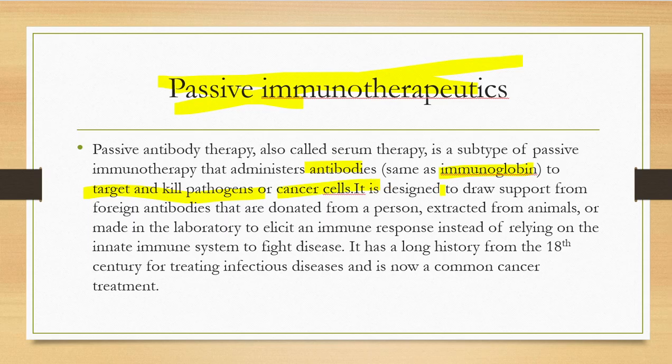It is designed to draw support from foreign antibodies that are donated by a person, extracted from animals, or made in the laboratory to elicit an immune response instead of relying on the innate immune system to fight disease. It has a long history from the 18th century for treating infectious disease and is now widely used in cancer treatment.